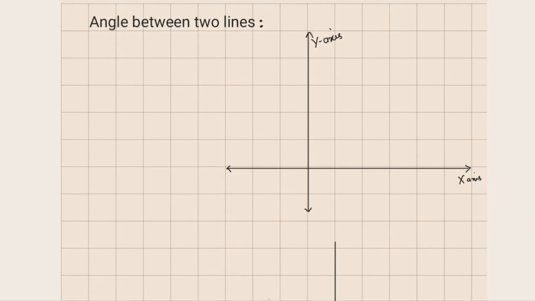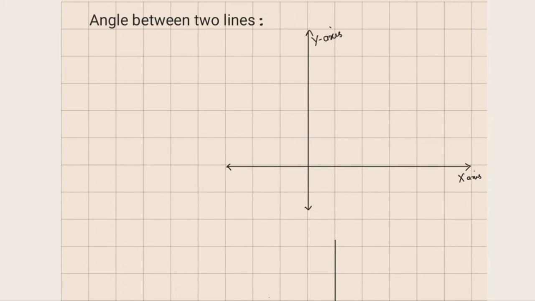Today, we are going to learn about the angle between two lines. If you see any two lines in the plane, either they intersect or they are parallel. If they are not parallel, they will intersect at some point.